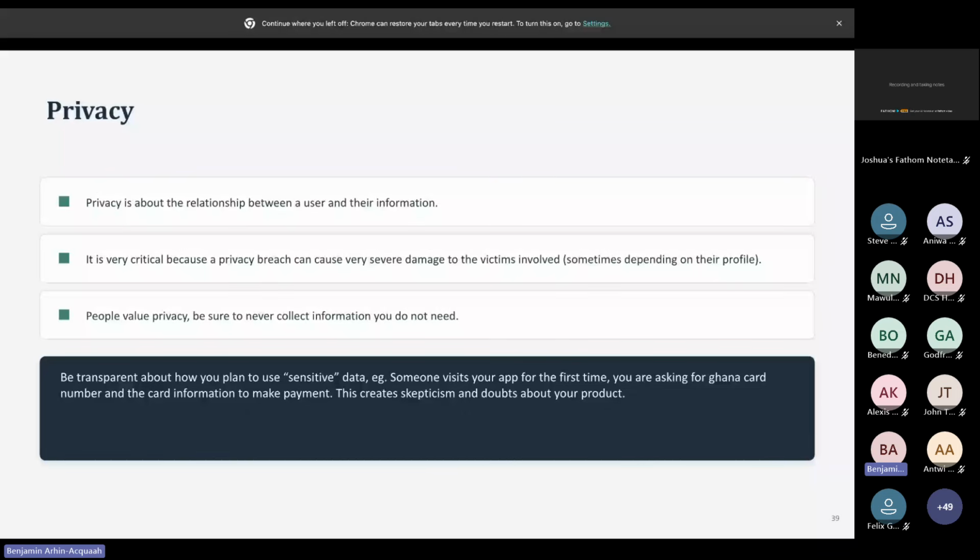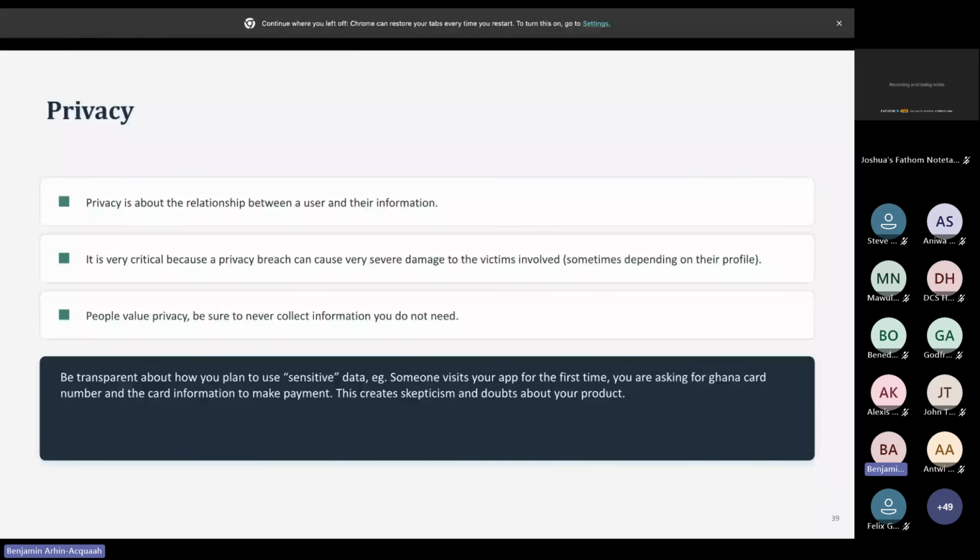If the person is politically affiliated, that also becomes a problem. So privacy is a very important thing to consider, right?